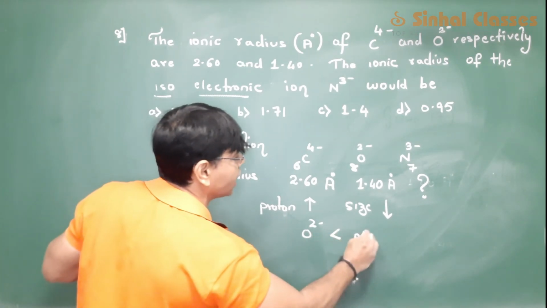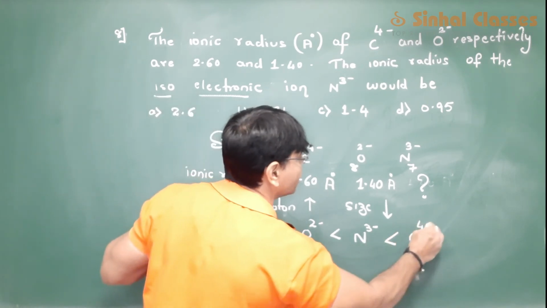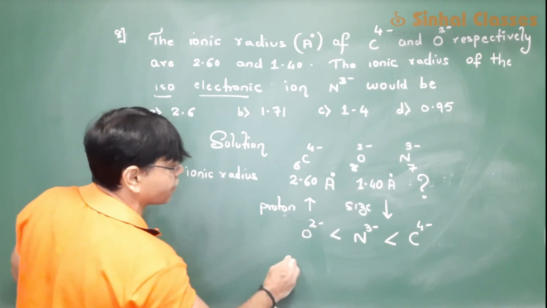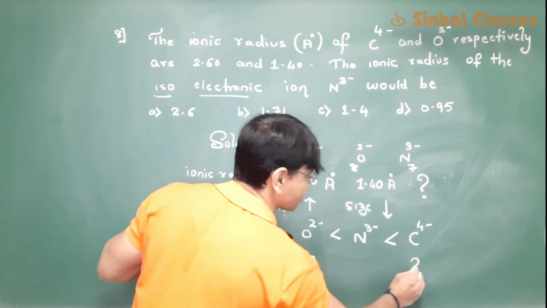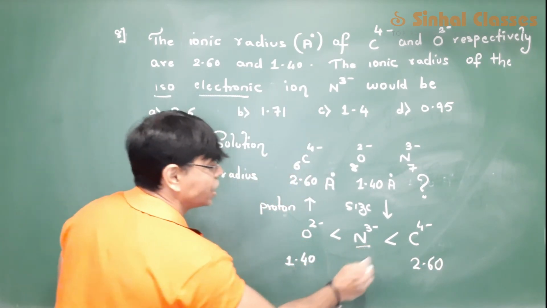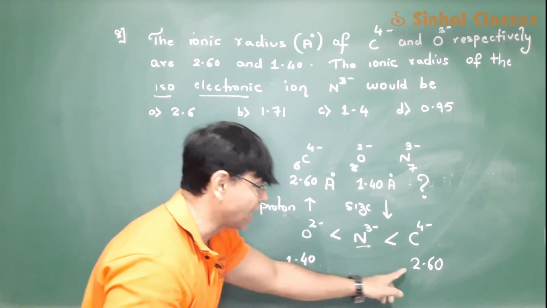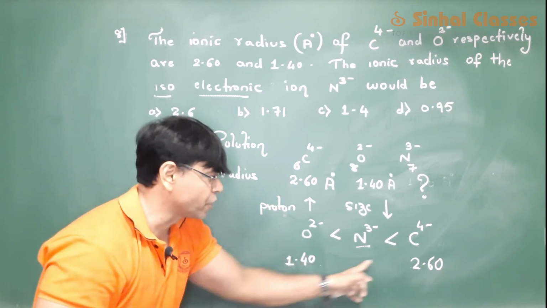Then it will be N3 and the largest size will be C4. Now look at it. The radius of oxygen is given as 1.40 and carbon is given as 2.60. So definitely N3 minus should have ionic radii lying between these two.